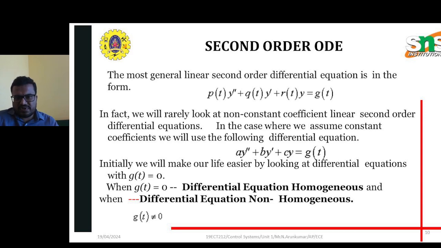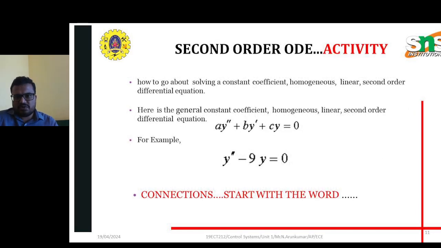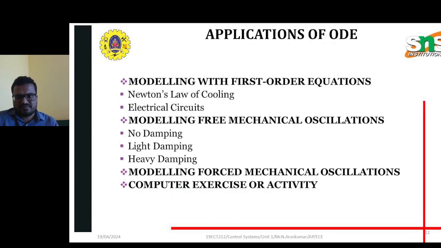Here when g of t equals 0, the differential equation is homogeneous, and when g of t is not equal to 0, it is non-homogeneous. Second order example: y double dash minus 9y equal to 0.